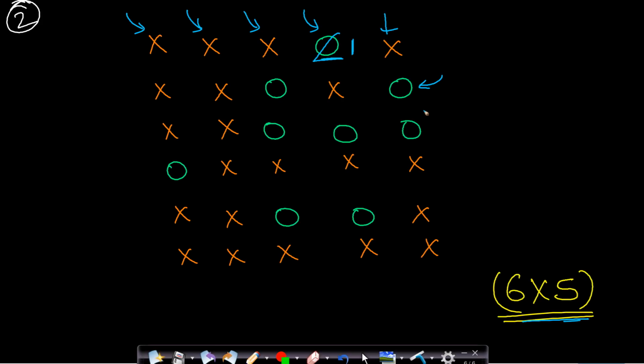This is 0. Now we will mark the entire region connected to this 0 with 1. So this will be 1, this will be 1, this will be 1, this will be 1, and this will also be 1. So all these are marked as 1. Now you move on to the next element. So this is already 1. This is X, this is X, X, X, and so on. All will be X's, and this will be 0.